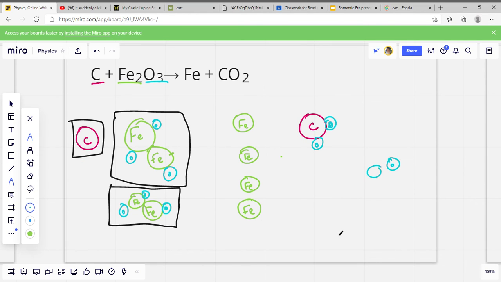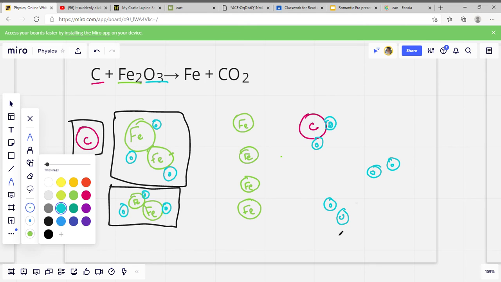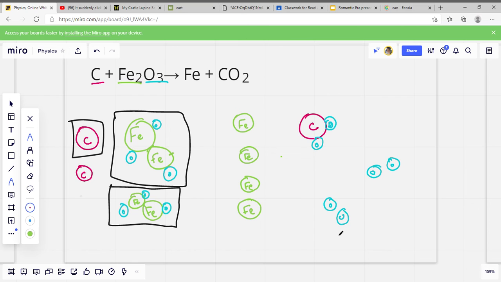So 1 there, and then 2 extras. Now all we need to do is add some more carbons to go with these oxygens. So 1 would go there, and then another one would go there.